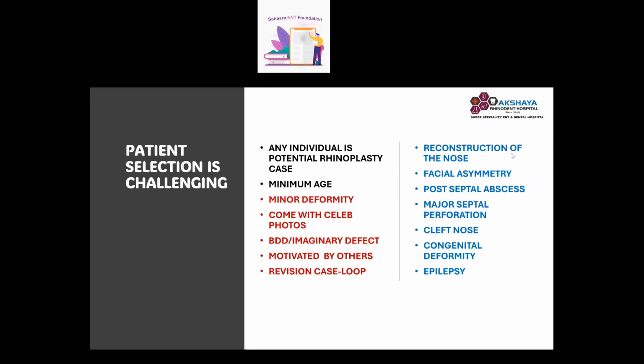Facial asymmetry is also one of the tricky situations where you cannot give a straight nose. When there is a post-septal abscess or severe saddle nose, it needs some kind of implants or rib cartilage to augment. Then, if you don't know how to harvest the rib cartilage, or you need some assistant, some other surgeon, a cardiothoracic surgeon, then take help of the surgeon.